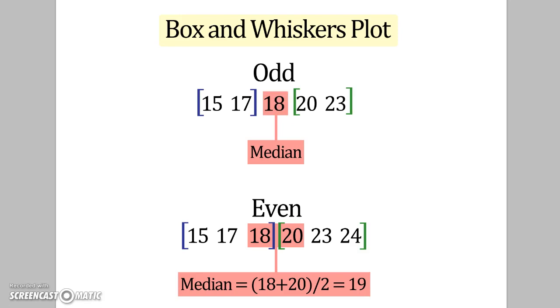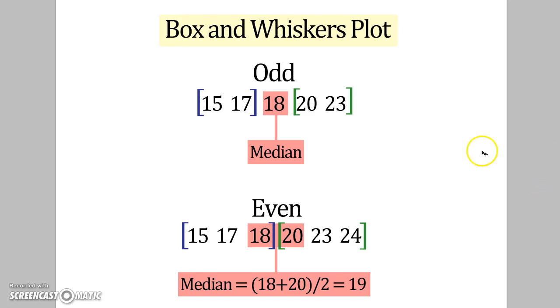In an even set of numbers, the center point consists of two numbers. So in that case, you would take those two numbers, add them together, divide by 2, which results in a value of 19.